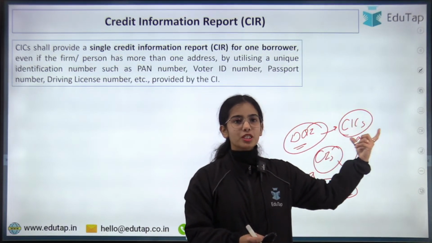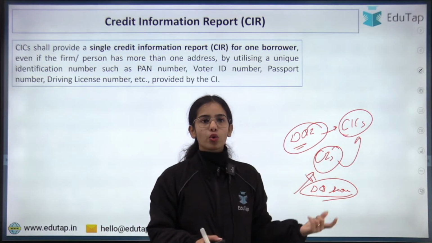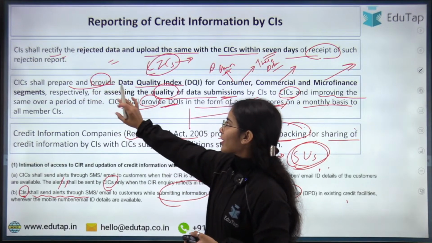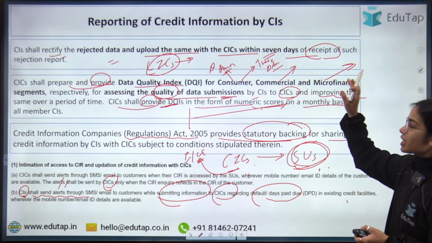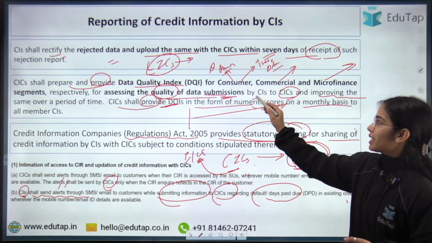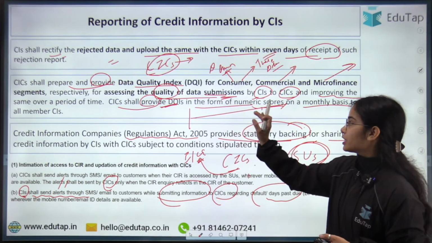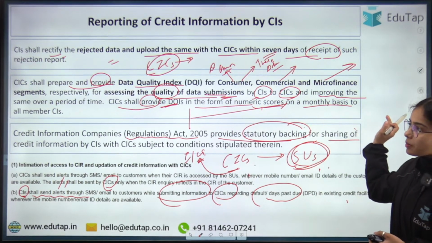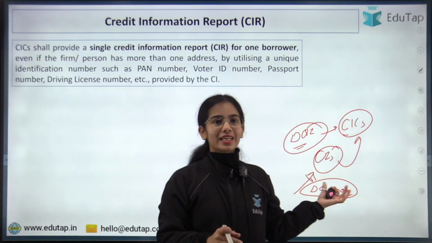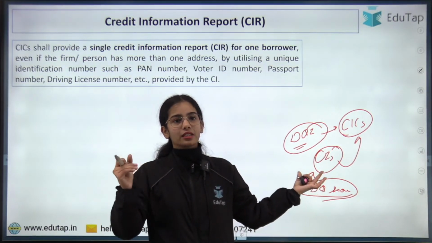The credit information companies provide the data quality score to the credit institutions, and this score is also submitted to the Reserve Bank of India. So CICs shall prepare and provide the data quality index for the consumer, commercial and microfinance segments for assessing the quality of the data submission by the credit institutions, and the data quality scores have to be provided on a monthly basis to all the member credit institutions, so they can recognize whether they are doing well or very badly in providing the data.